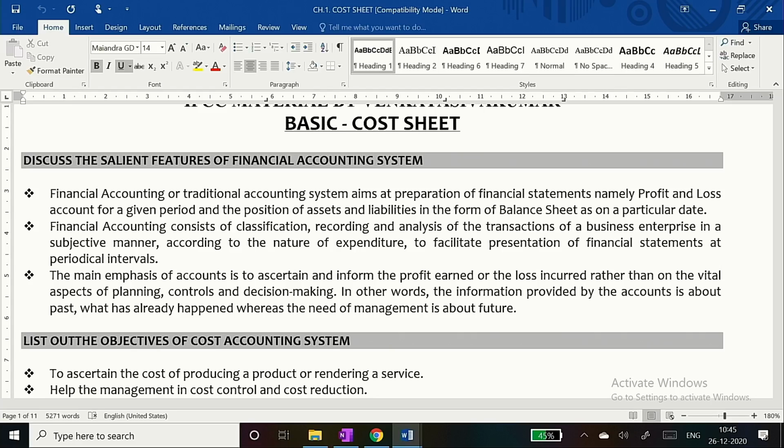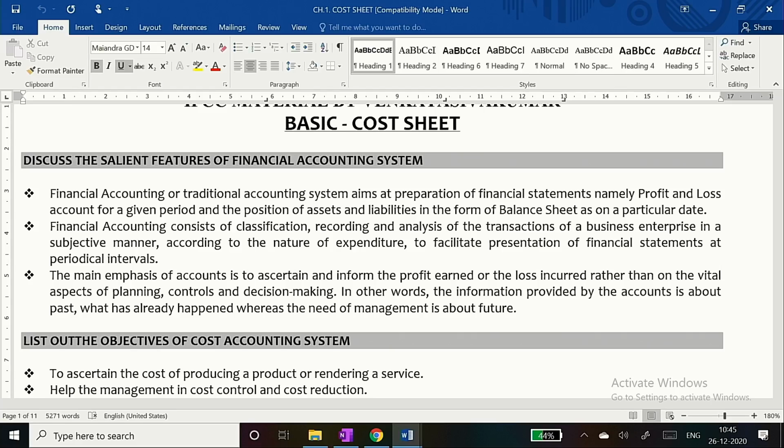So accounts is past. Please note down, simple wording. Accounts talks about past. That is what has already happened. Actuals.